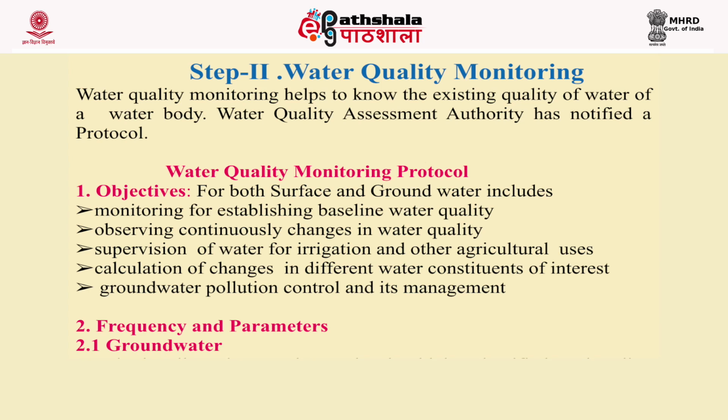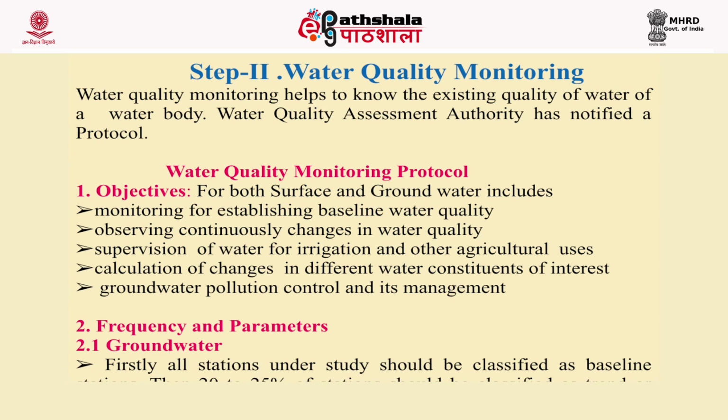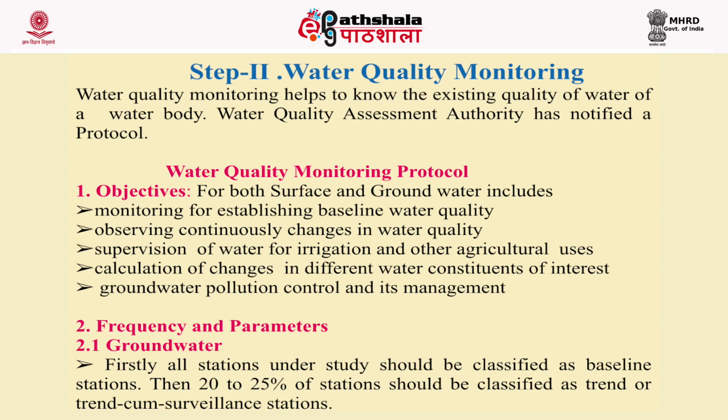Second step in the protocol is frequency and parameters. That includes, for groundwater, firstly, all stations under study should be classified as baseline stations. Then 20 to 25% of stations should be classified as trend or trend cum surveillance stations.